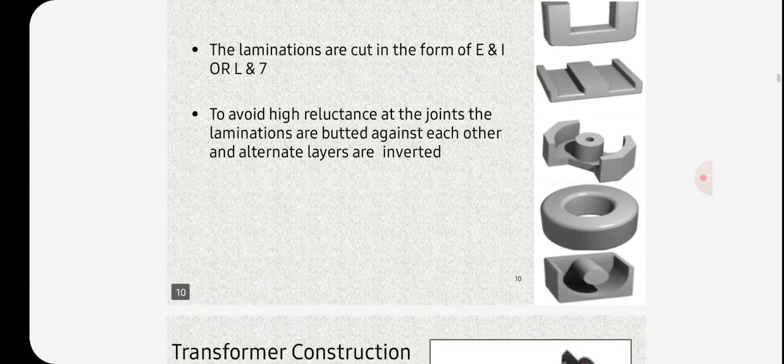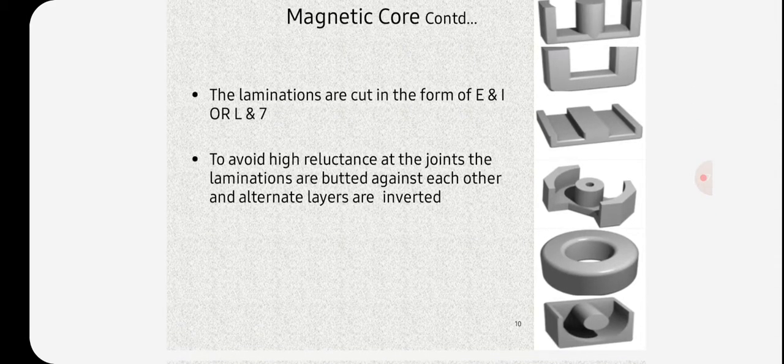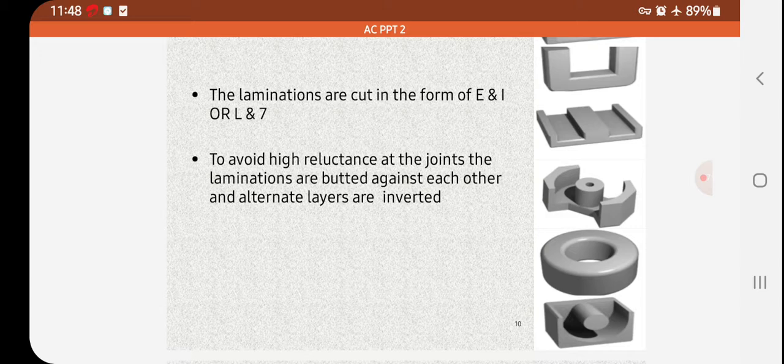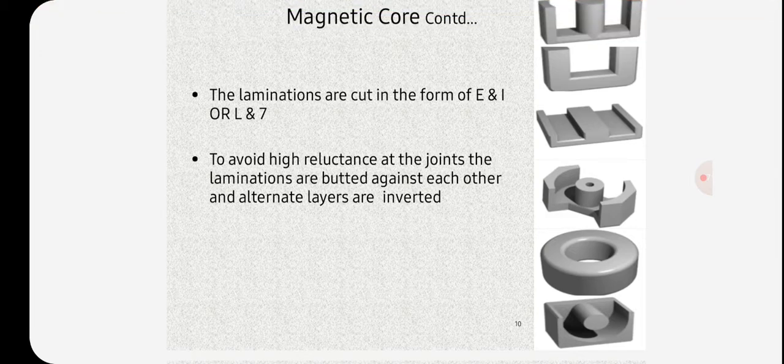You can observe here the different shapes of the laminations. Using these laminations, the core will be set up.